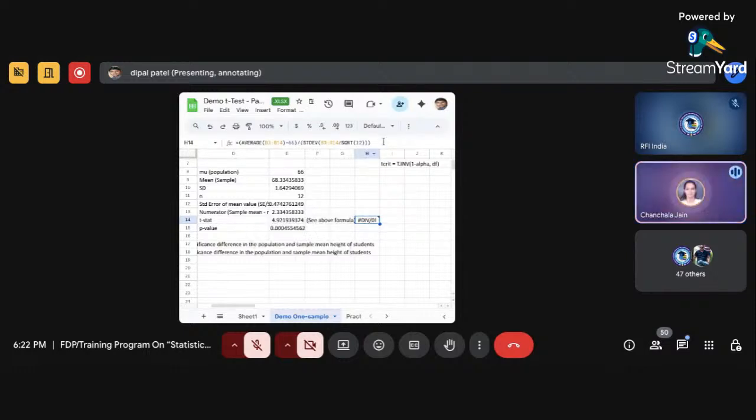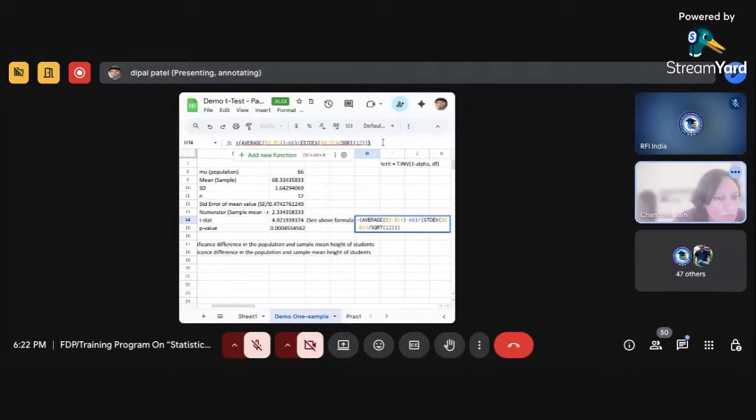Average of C3 to C14 minus 66. Bracket close. Numerator done. Standard deviation of C3 colon C14. I think one more bracket is needed. You need to close the bracket after C14, B14.